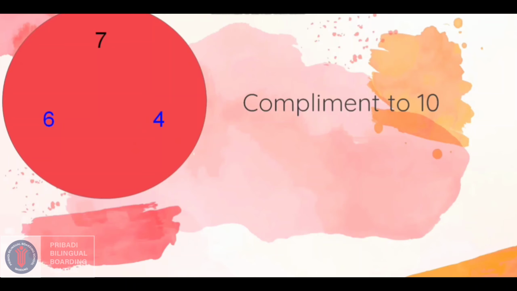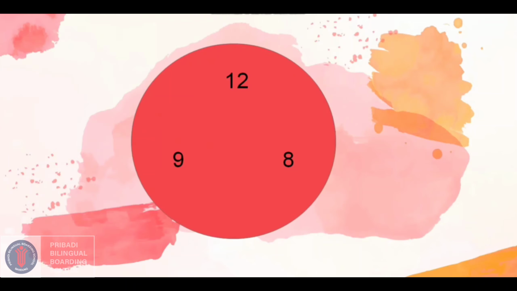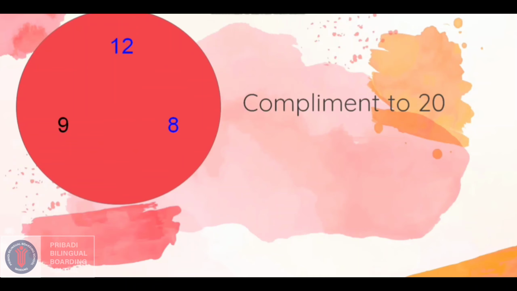Now I have another question. When I have these three different numbers, 9, 12, and 8, when we calculate them all, we need to know the complement to 20. As we know, 12 plus 8 will be equal to 20, right?